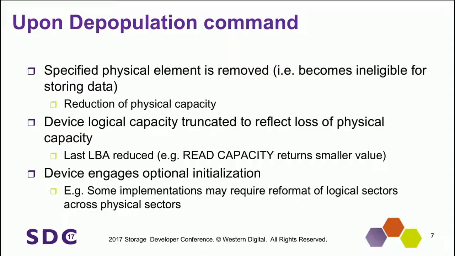Following that, the device logical capacity is truncated to reduce the logical capacity by the lost physical capacity, such that the logical capacity matches the physical capacity. So in practical terms, that means that the last LBA that would be returned by read capacity would be reduced to a smaller value.